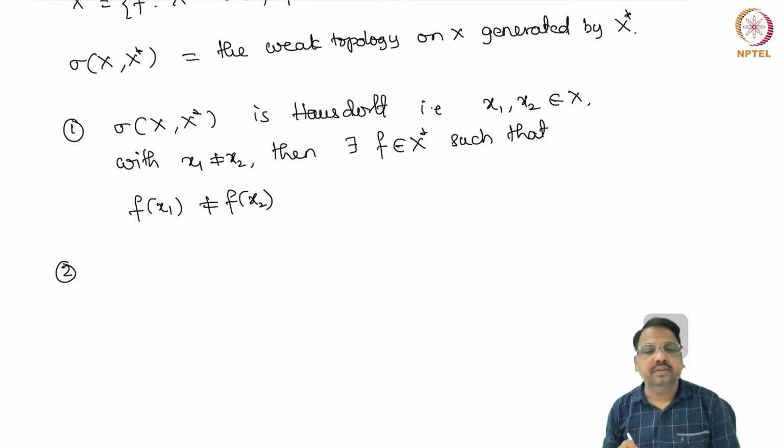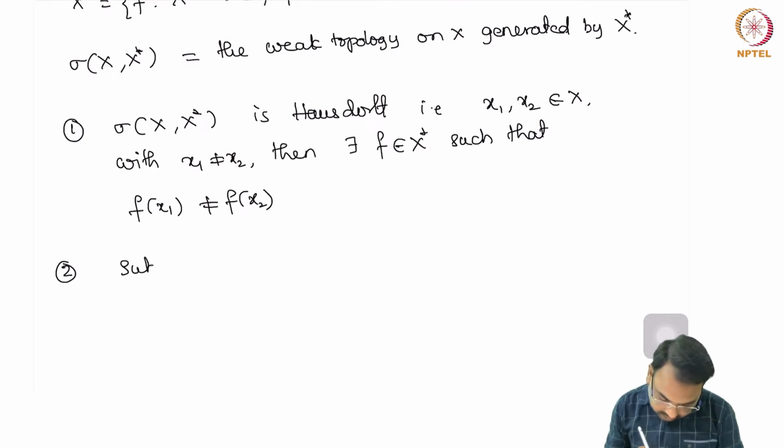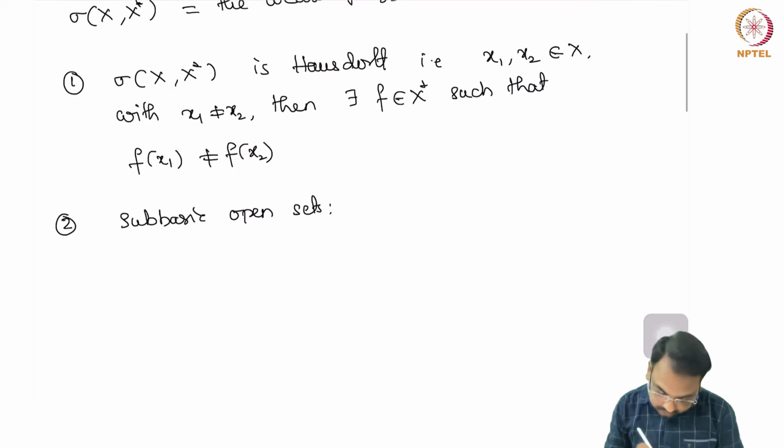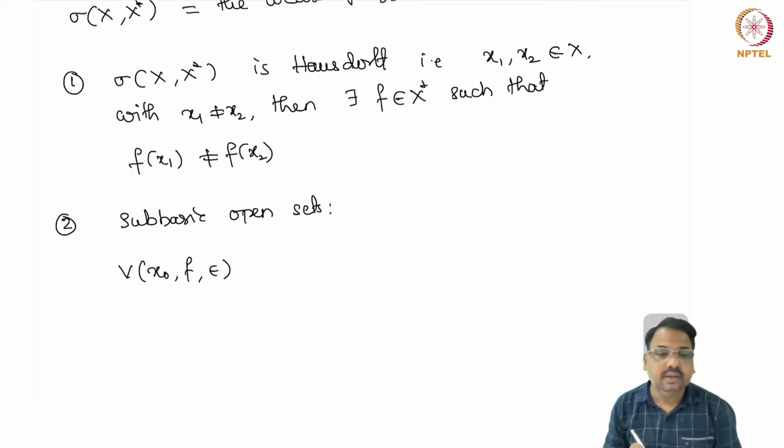With more information about sub-basic open sets as well as basic open sets. So a sub-basic open set in this topology is of the form, let us denote it by V(x naught, f, epsilon).